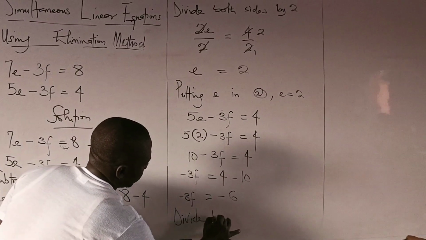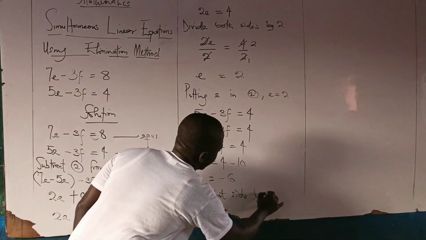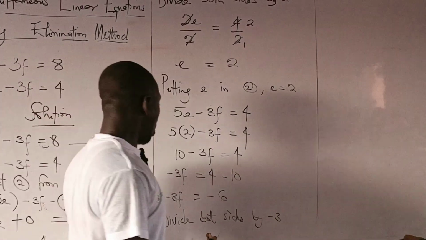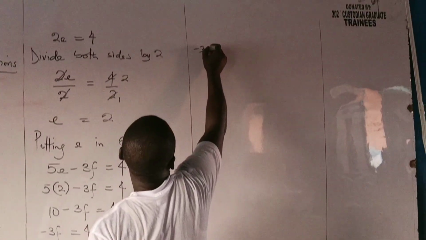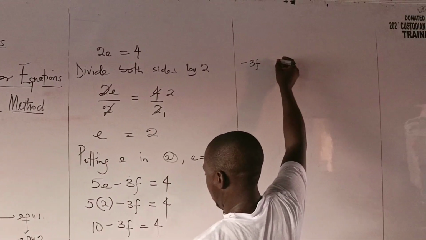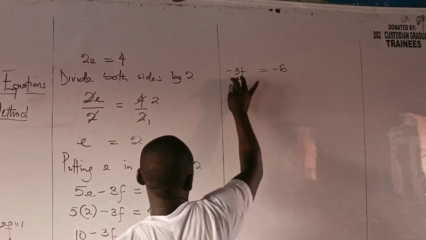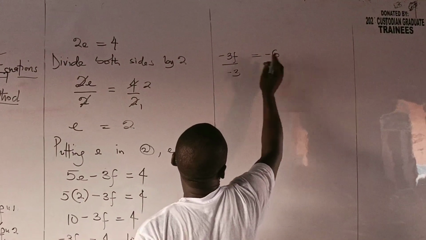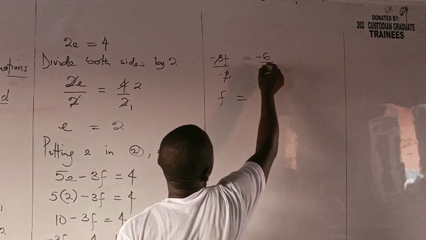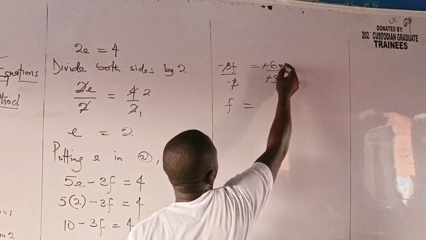Divide both sides by minus 3. So we are having minus 3f over minus 3 is equal to minus 6 over minus 3. This will cancel this. F will become 2.